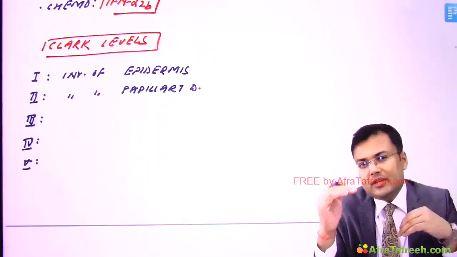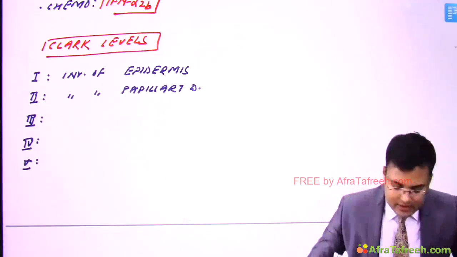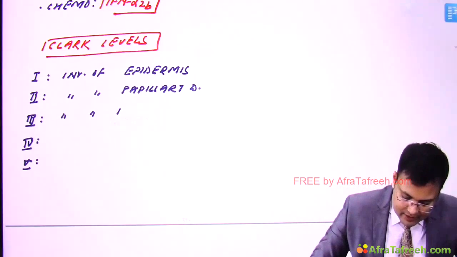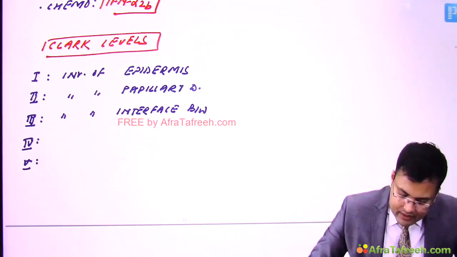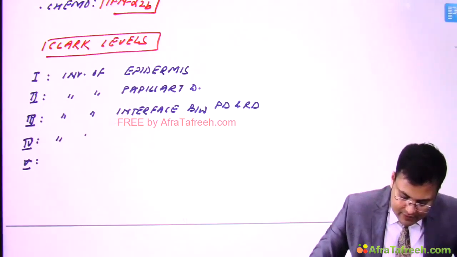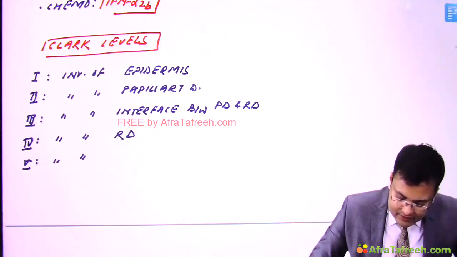Interface means the junction between papillary dermis and reticular dermis. And in type 4 there is invasion of reticular dermis, and in type 5 there is invasion of subcutaneous tissue.